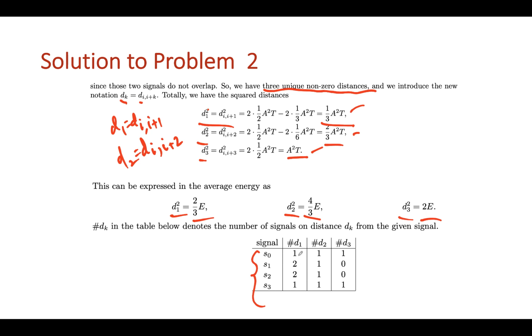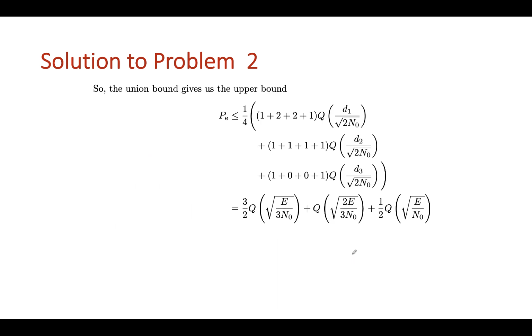The number of signals at a distance d1 from S0 is 1, at d2 from S0 is 1, at d3 from S0 is 1. The number of signals at a distance d1 from S1 is 2, at d2 from S1 is 1, at d3 from S1 is 0. In that way you can create a table, and then you can apply the union bound.